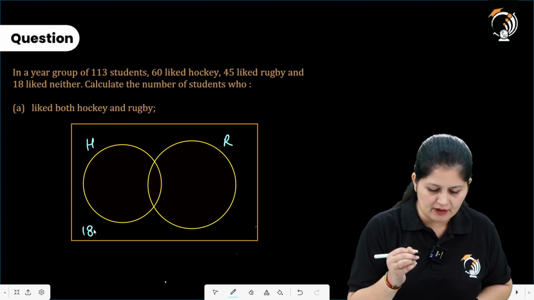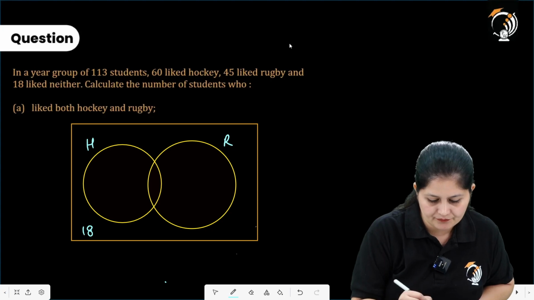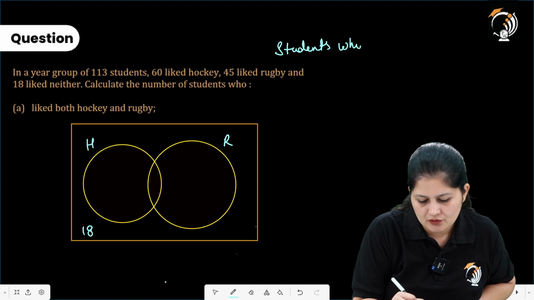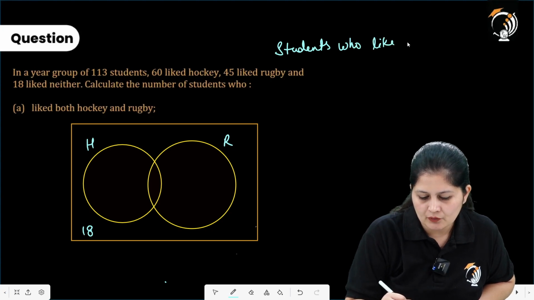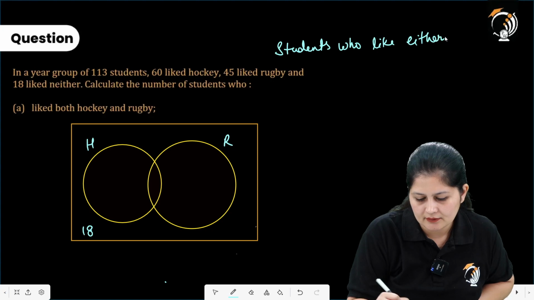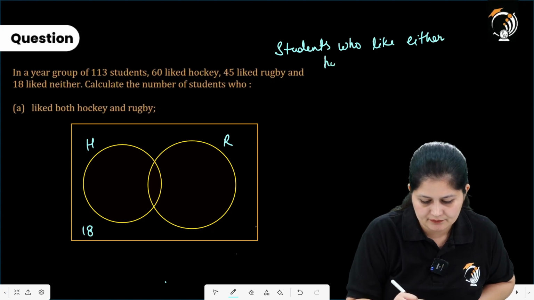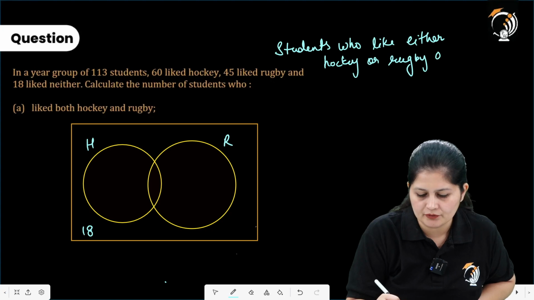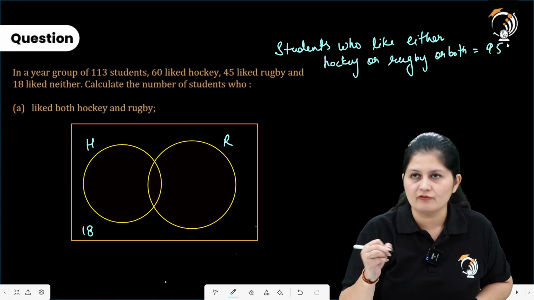So here, the students who like either hockey or rugby or both are equal to 95, is what we have got.